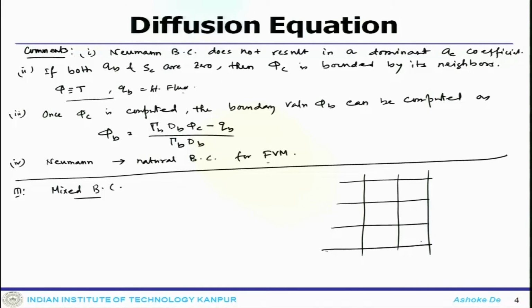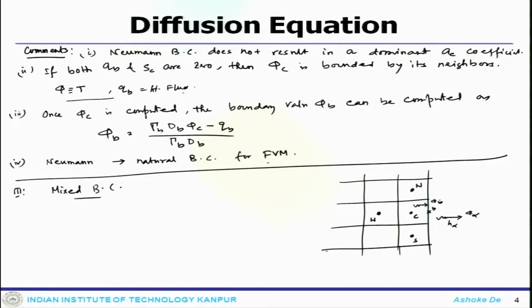So, this is my element C, this should be north, this is west, this is south, and the boundary condition which is applied here, this is point B. So, here the boundary condition which is applied at phi infinity, h infinity and phi b.